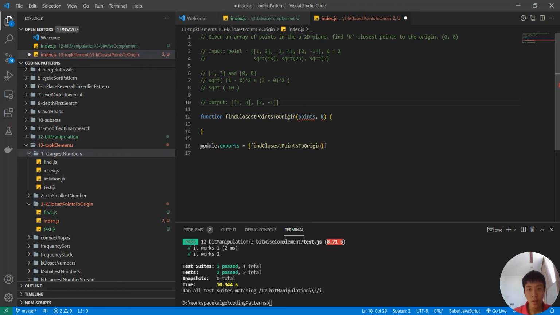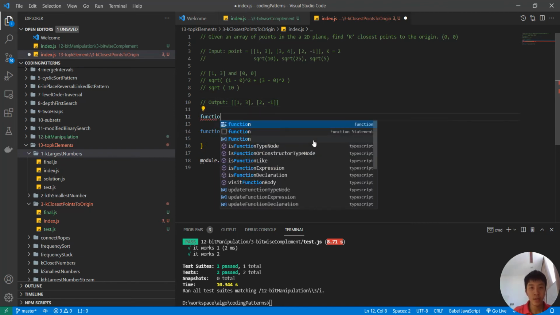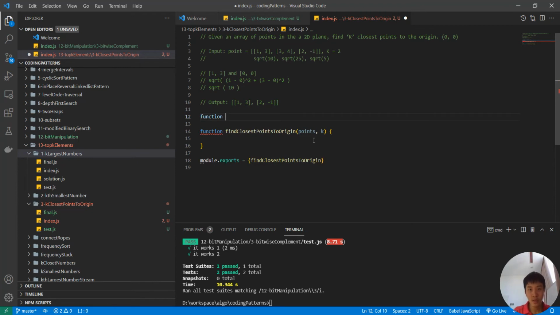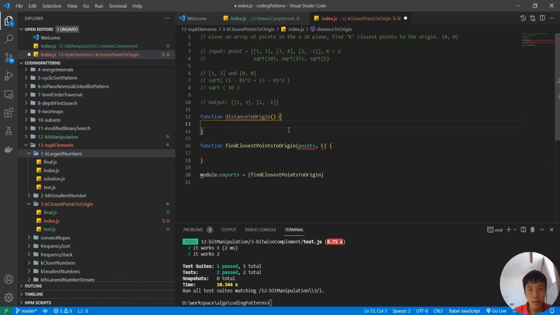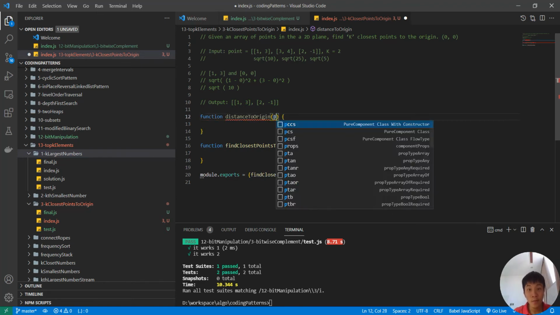So we will have a utility function that helps us to do this. Let's call it distance to origin. Maybe we have a function that takes in the point itself.